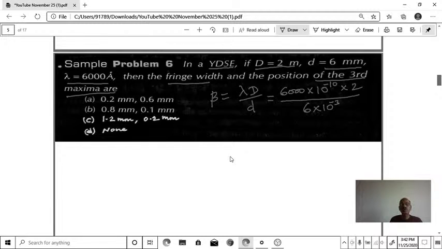So you will get 0.2 millimeter. This is the fringe width. First question over.